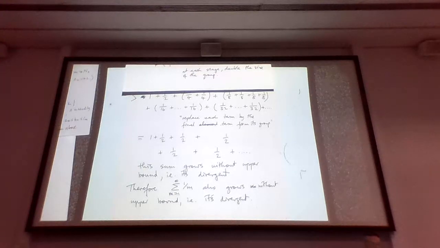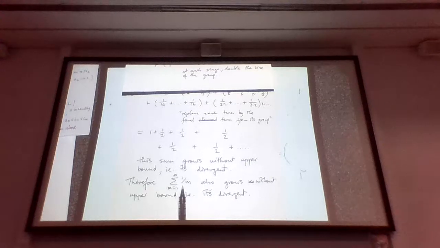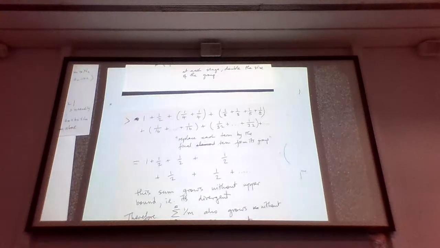So if you had the ability to wait around as long as you wanted, you would see this sum get as big as you wanted. If you set some ginormous number, if you can wait around long enough, you'll see this summation process eventually get past that value. Okay? Because it grows without upper bound. Because you can always generate another half by grouping together a certain number of following terms.